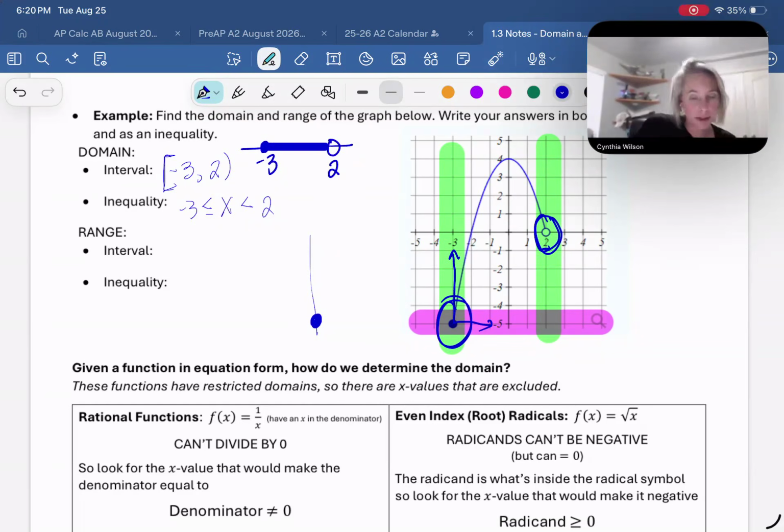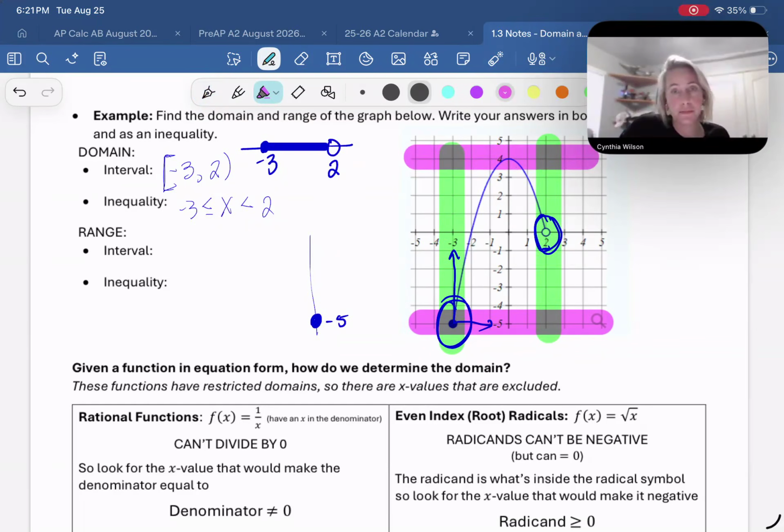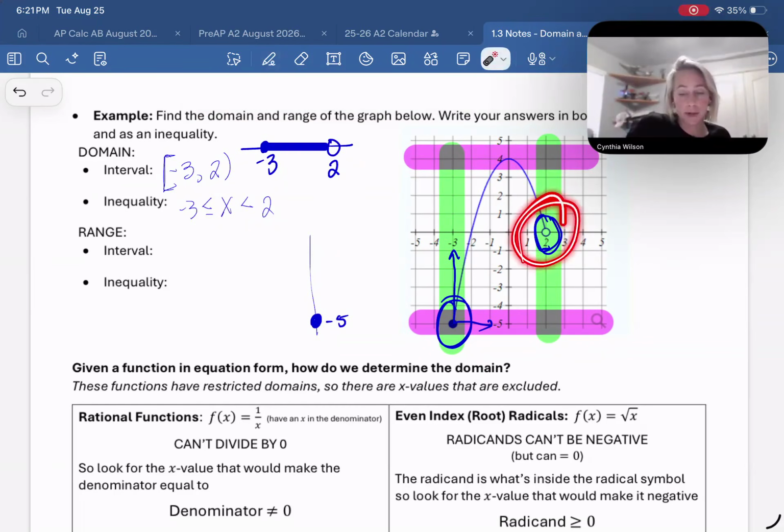And that y value is -5. So I need you to be so careful on range here. This is where range gets people. I want the very, very top of this graph. The very, very top is here. I've got a lot of students that want to stop here, but that's not the top. The greatest possible y is the 4.